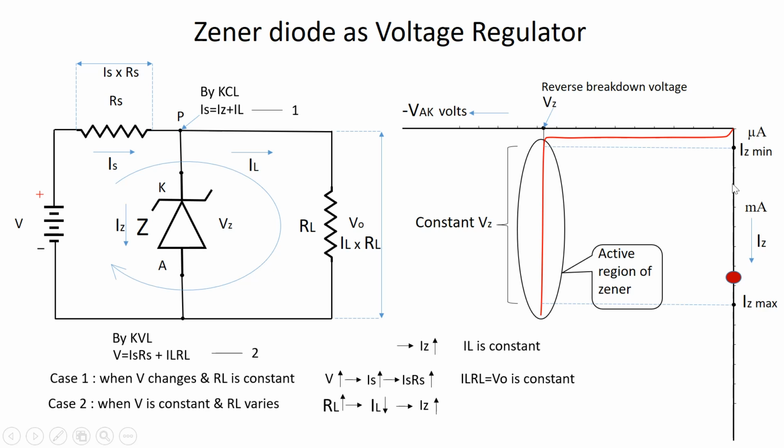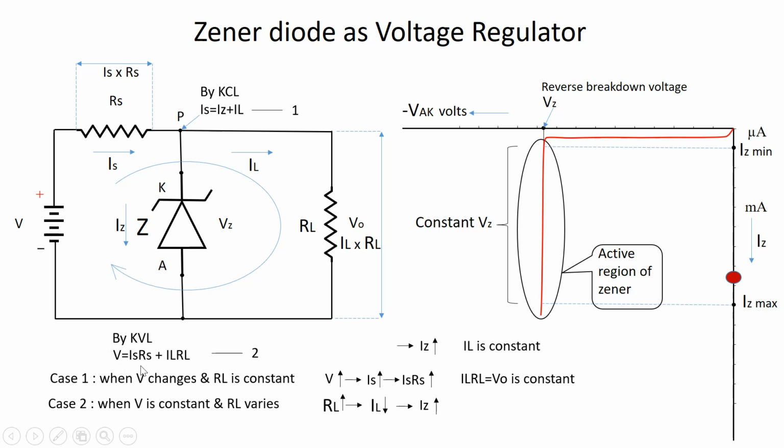But again, in both the ranges of this Zener current, the Zener voltage Vz is maintained constant. Once the Vz is maintained constant, which is always equal to the V naught, the output voltage in this circuit, it is also maintained constant here. You can observe here, according to this equation number 2, as there is no change in this V and no change in this IS, there will be no changes in these two elements of the equation 2.